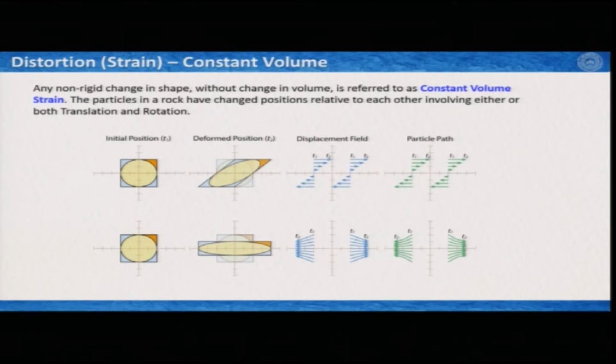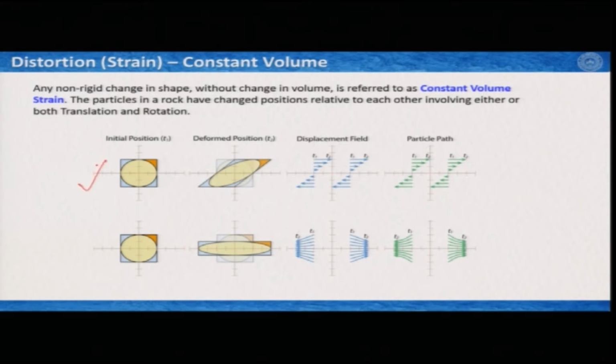There are a series of end members. Here I have given two end members. One is simple shear, another is pure shear. We'll learn more about it later, but let's have a look how the displacement field and particle path look like. So again, the concepts or initial considerations are very similar.